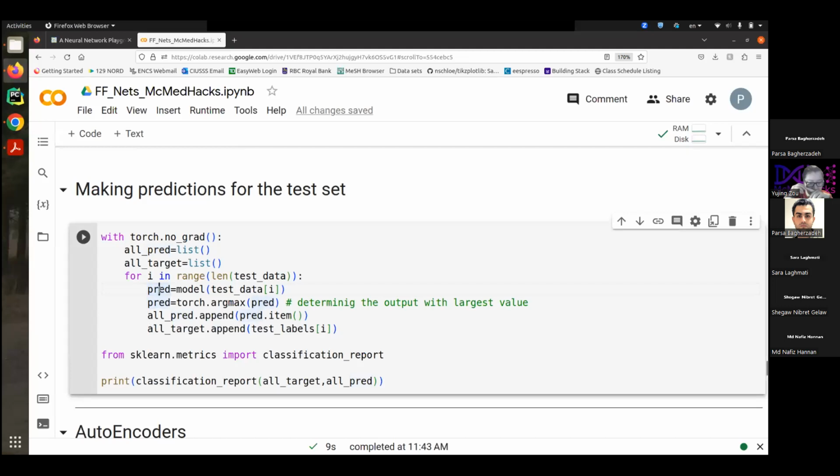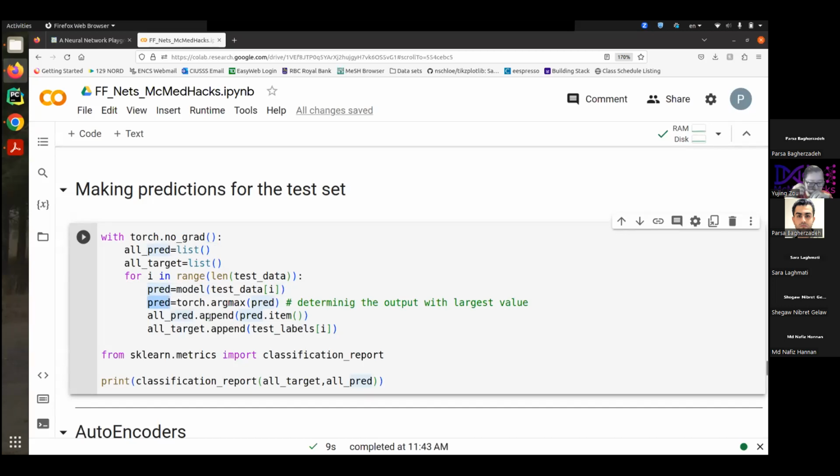Colab already tells me the size of my output is 10, the same as the number of my classes. Then I'm getting an argmax. This prediction would be either 0, 1, 2, up to 9.